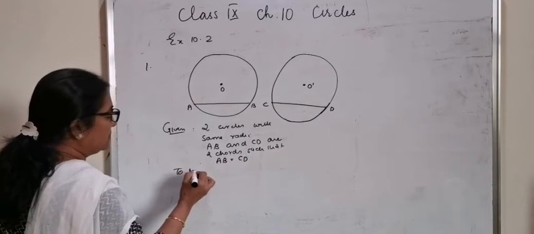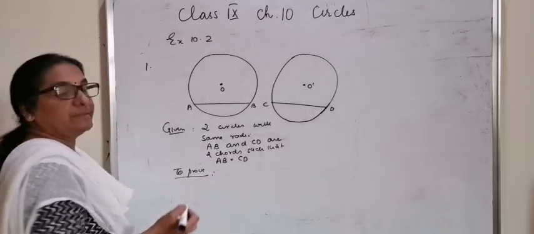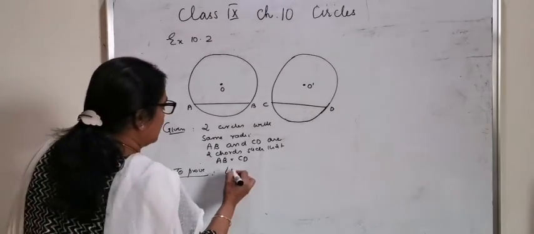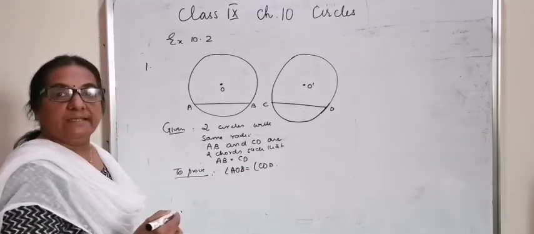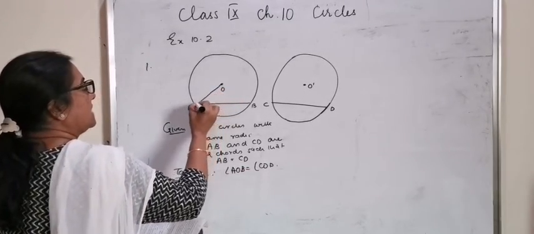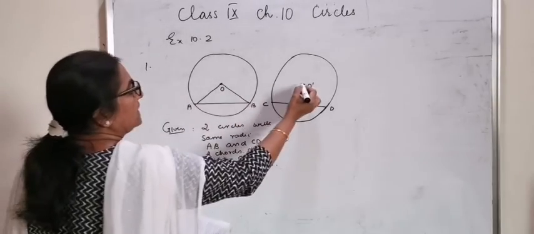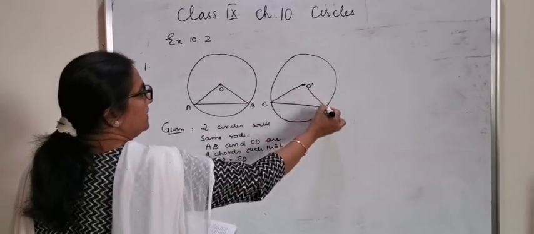And what is to prove is they subtend equal angles, which shows that angle AOB and angle CO'D are equal.